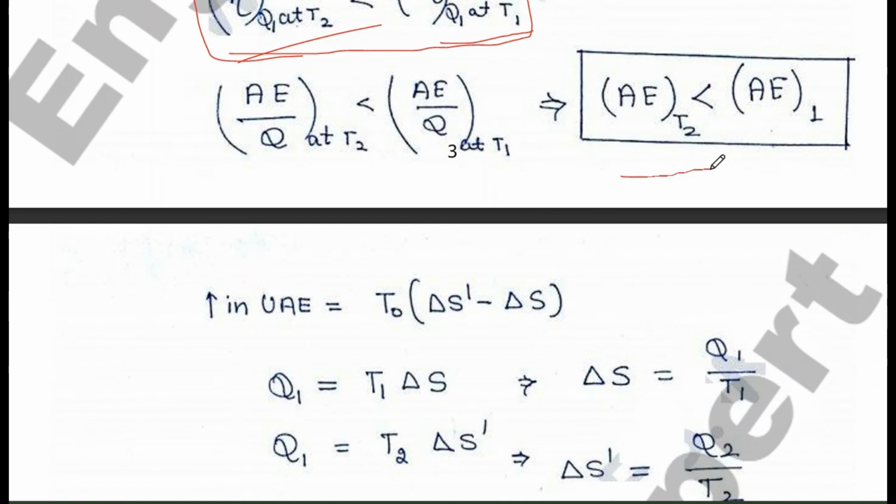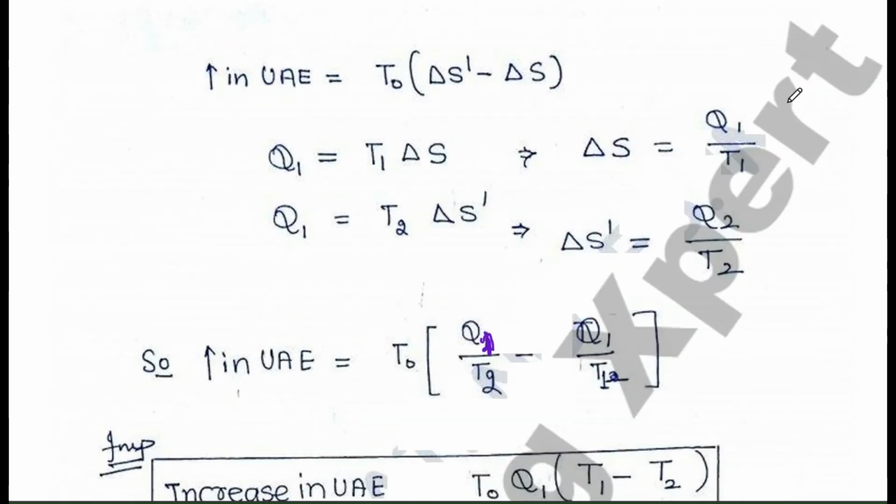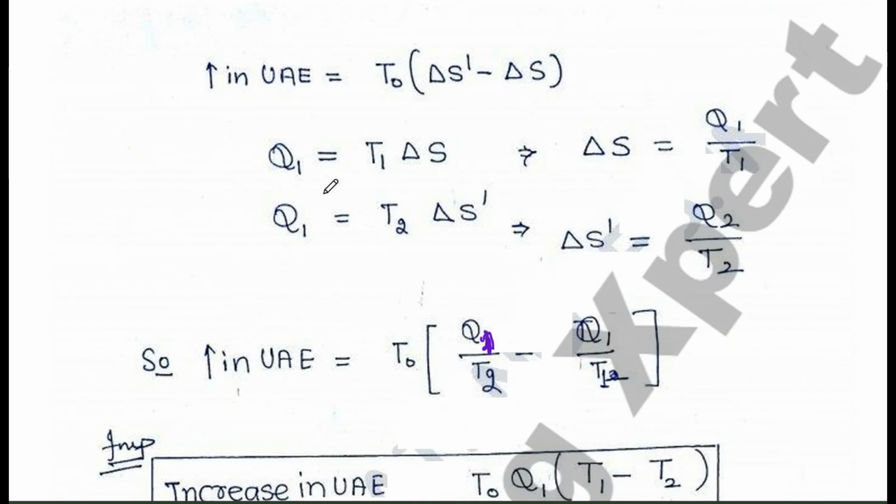So the available energy will also be lesser in the case when we take heat at T2 and then T1. So in that scenario, increase in unavailable energy will be T naught into delta S dash minus delta S, the shaded portion that I have shown in the graph.